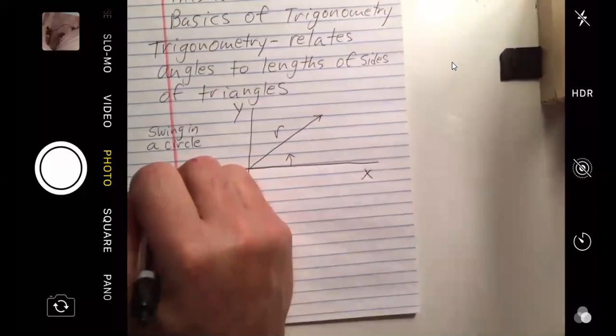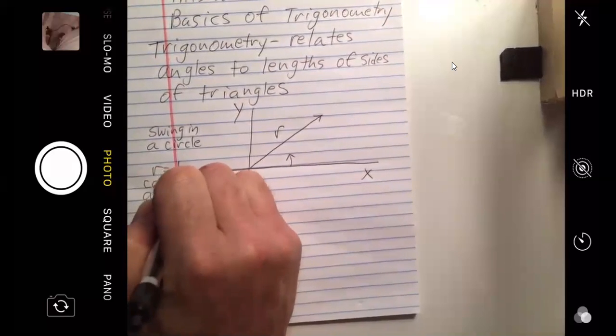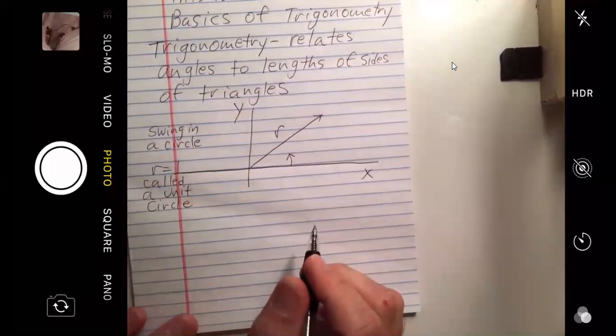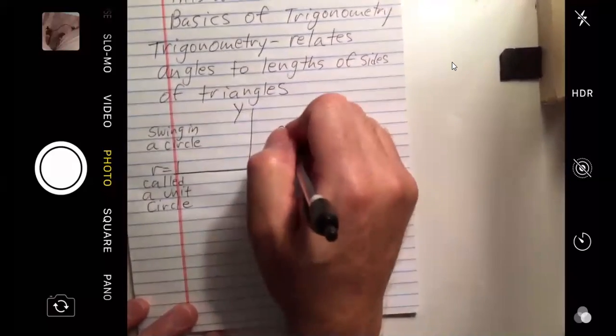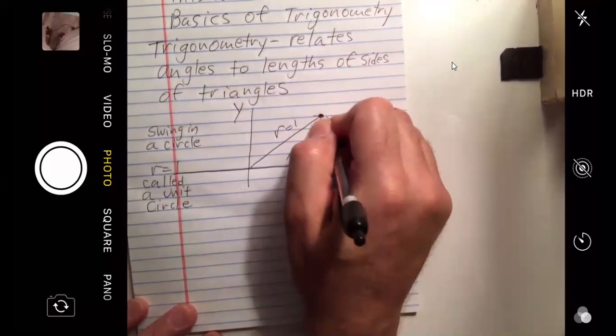If r equals 1, it's called a unit circle. At any point you stop, you're on a circle.